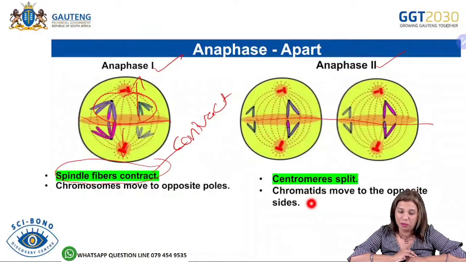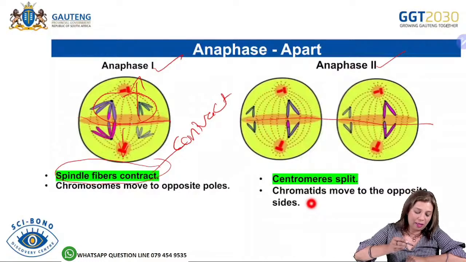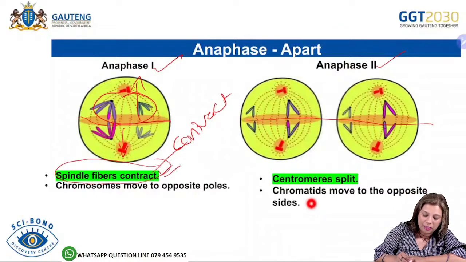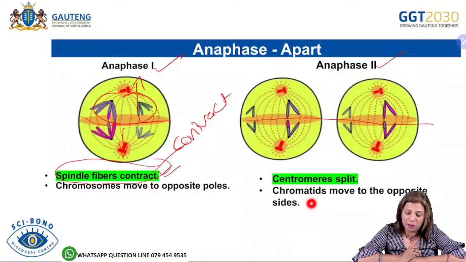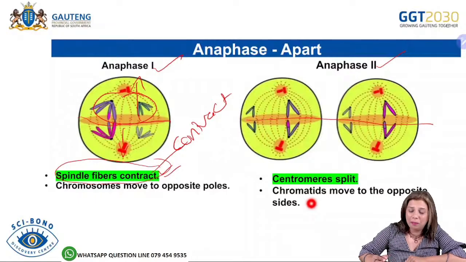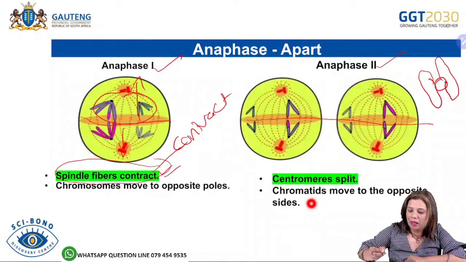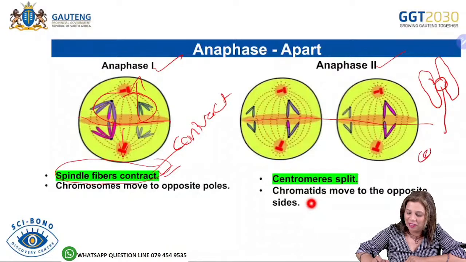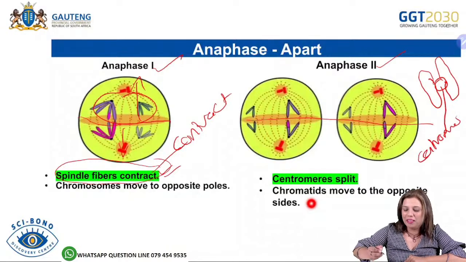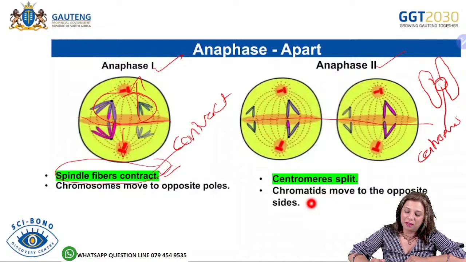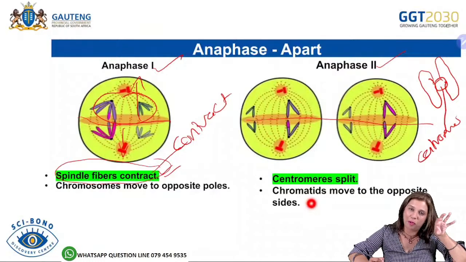In anaphase 1, the spindle fibers contract. But in anaphase 2, the centromeres split. Remember the centromere? When we were drawing the diagram early on, I'm not the best drawer, but I can draw a centromere. So there's the centromere, which we discussed earlier. It was even in one of our questions.